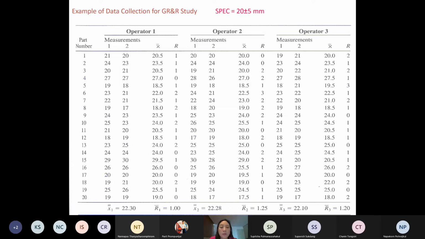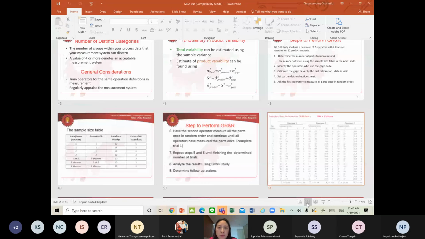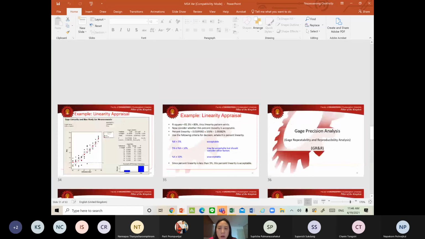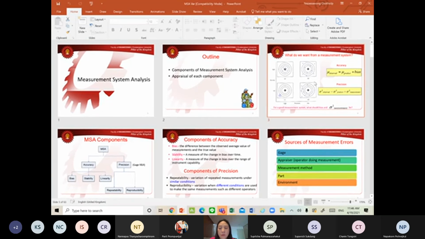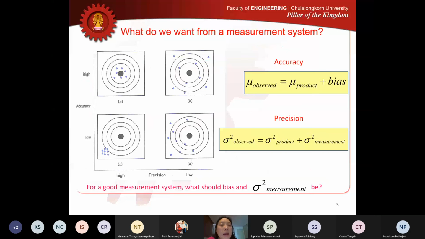I would like to show you this picture for you to understand the performance that we care about. Suppose the target here is the correct value of the part.